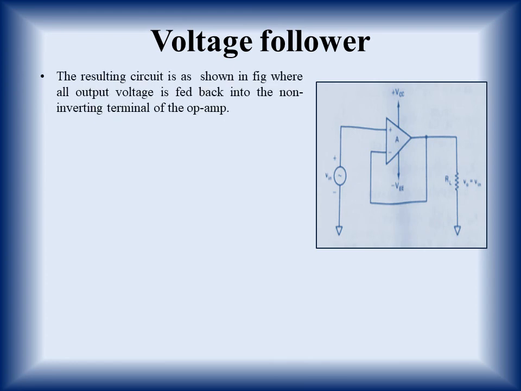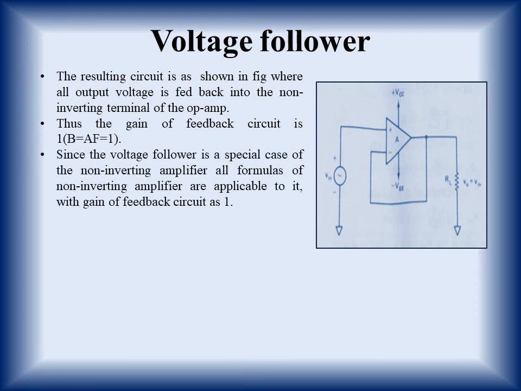The resulting circuit is as shown in figure, where all the output voltage is fed back into the inverting terminal of the op-amp. Thus the gain of feedback circuit is 1. All the voltage is being fed back, so the gain of the feedback circuit will be 1. This means that B and AF both will be 1.